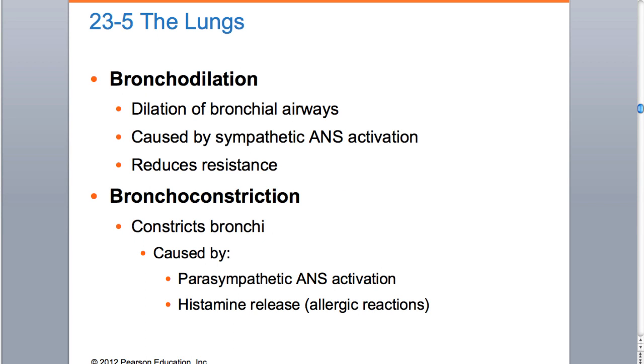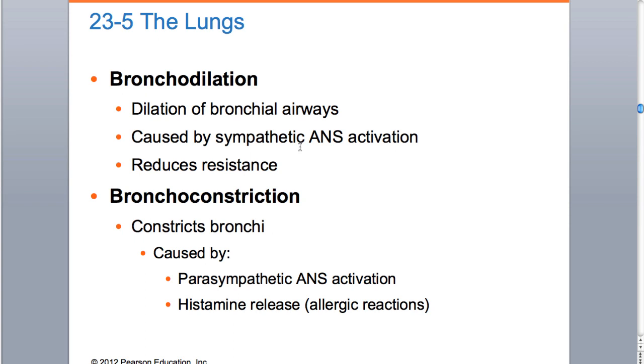Bronchodilation, bronchoconstriction. Now, let's look at the top. Dilation of bronchial airways caused by sympathetic. Now, normally in arterioles, we would say it is what? We would say sympathetic arterioles, unilateral denervation, which basically means it's going to be sympathetic for constriction of the arterioles.